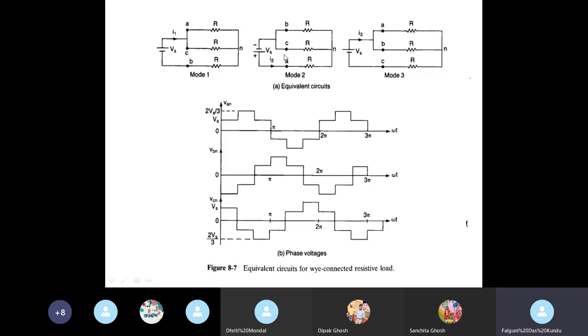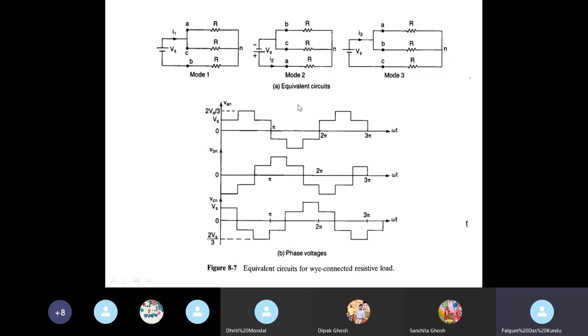Again mode 2. In case of mode 2, B, C, then A, means A is in, and it is reverse bias. Okay, so during this we get the values of VAB, BC, VAN, VBN and VCN.